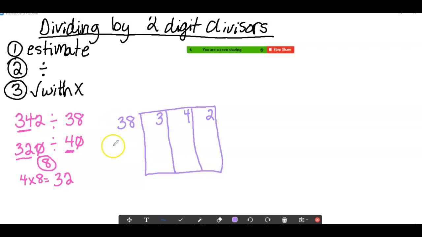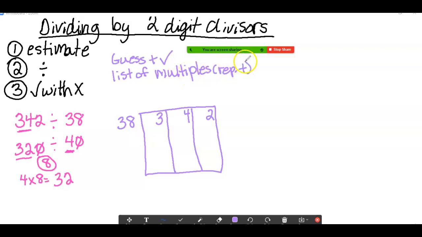Now, at this point, I have to decide whether I want to use guess and check, or list of multiples. And it's totally up to you. List of multiples is all about repeated addition, whereas guess and check is just about multiplication. So you have to decide for yourself which one of those you're more comfortable with.